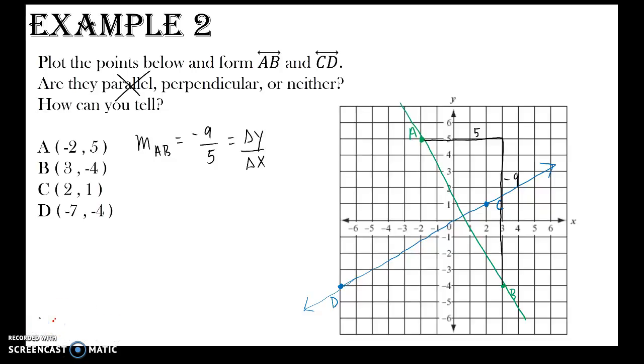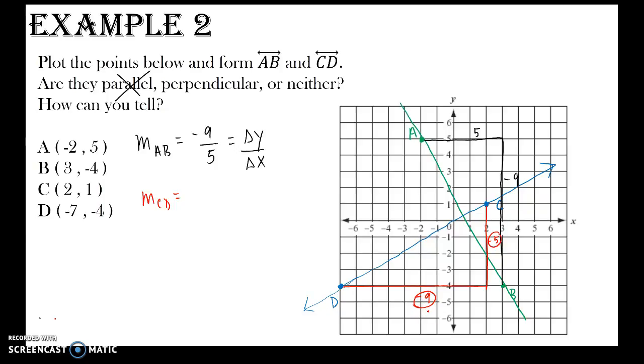Okay, so now the slope of line CD. So from C to D, 1, 2, 3, 4, down 5 units, and to the left, 1, 2, 3, 4, 5, 6, 7, 8, 9. To the left, 9 units.